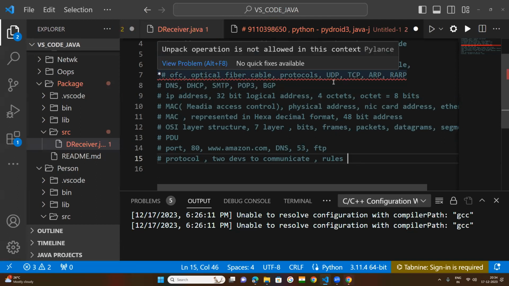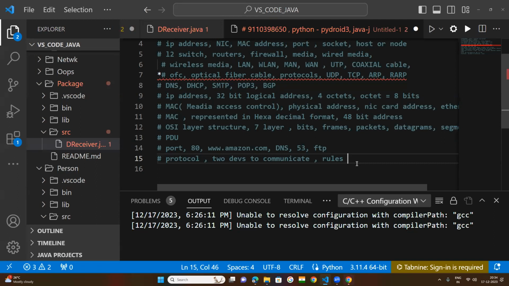UDP protocol. Here in socket programming, first of all, the TCP protocol will be used. Socket programming has two types: connection oriented and connectionless.